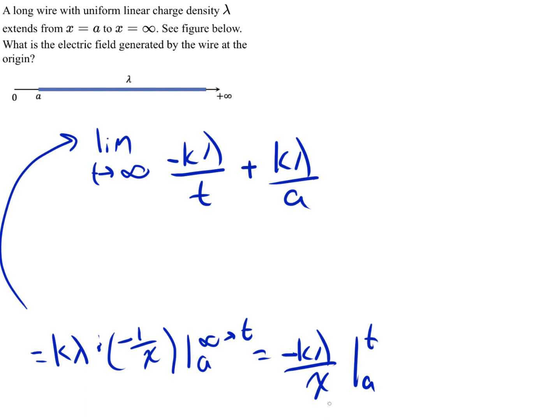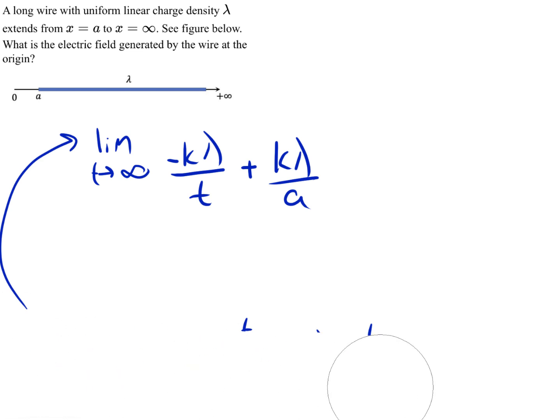We're simply evaluating this expression as t approaches infinity. And this is positive because we would have a double negative. So you have plugging in t, minus the other part, which has another negative.